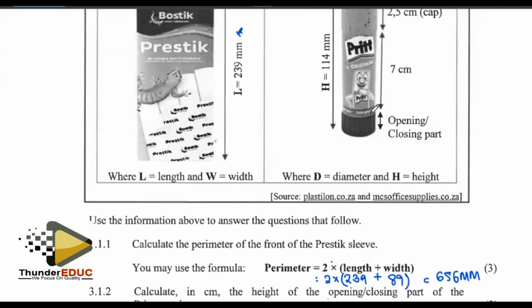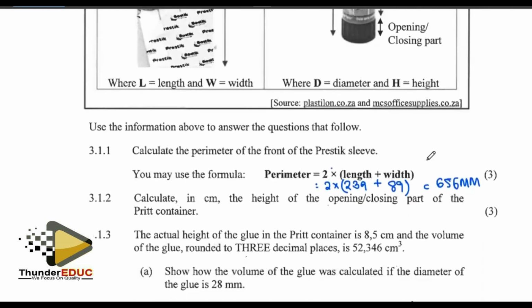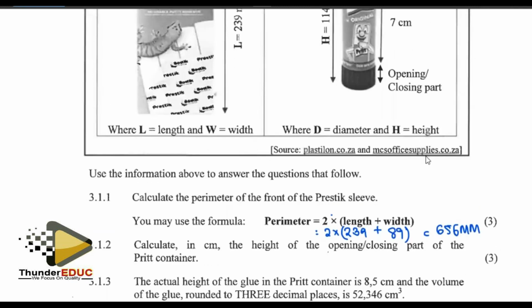We come and we see it here. Look at that. This has parts together. Oh, the cap, yeah. The cover. The height of the opening / the closing part. So it's the bottom part, this one, which is dark here. So we need to know. Okay, they're saying calculating the height.